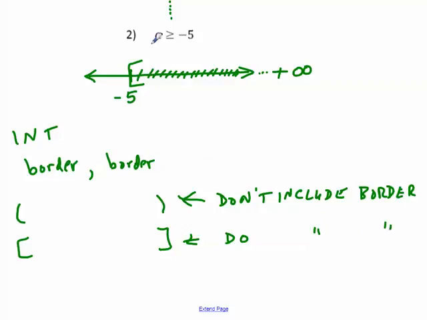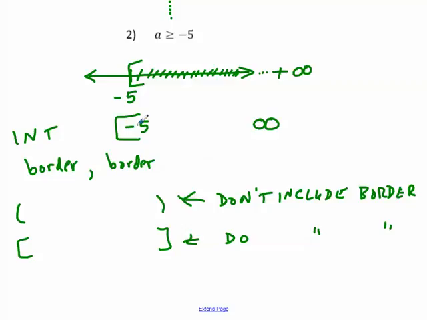All right, so up here, A is greater than or equal to negative 5. So our border is negative 5 on the left. On the right side, positive infinity, or we can just put infinity. On the left side, our solution could include negative 5, so we put a square bracket there.